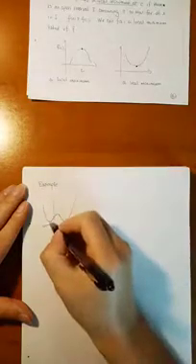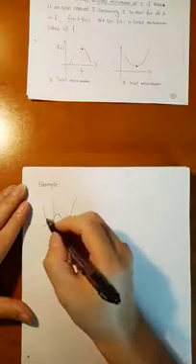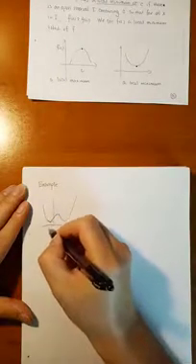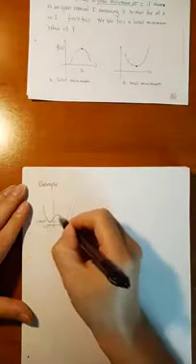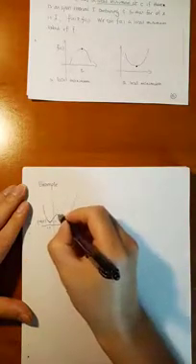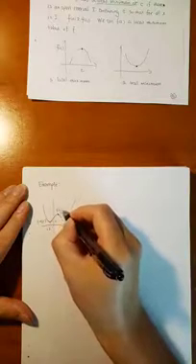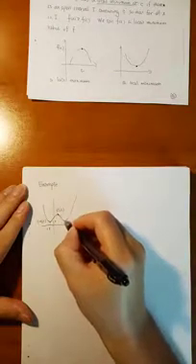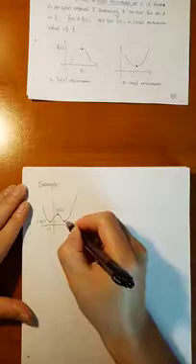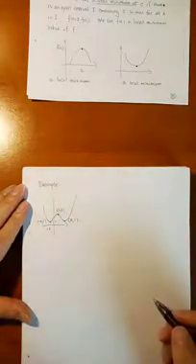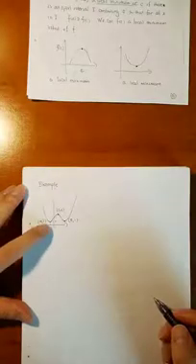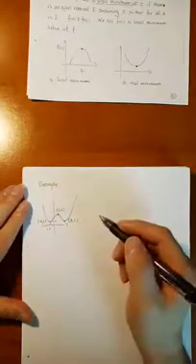Okay, so assume this point has x coordinate -1, y coordinate 1. So it's a -1, 1. And this point, it is a 1, 2. And this point is a 3, 1. Okay, -1, 1, 1, 2, and a 3, 1.